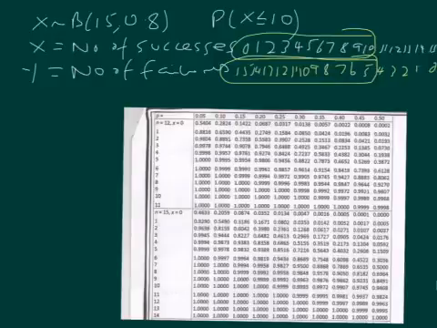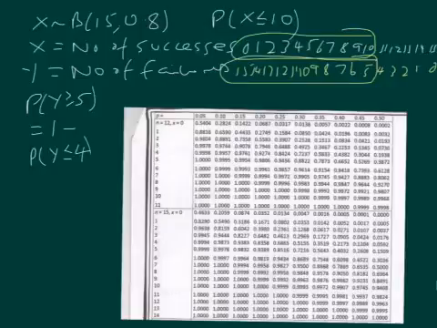Just to give you a bit of time to think about that, we want the number of successes to be smaller than or equal to 10, so we want the number of failures to be greater than or equal to 5. So what we're after is the probability that y is greater than or equal to 5. Now, as before, that's 1 minus the probability that y is less than or equal to 4.